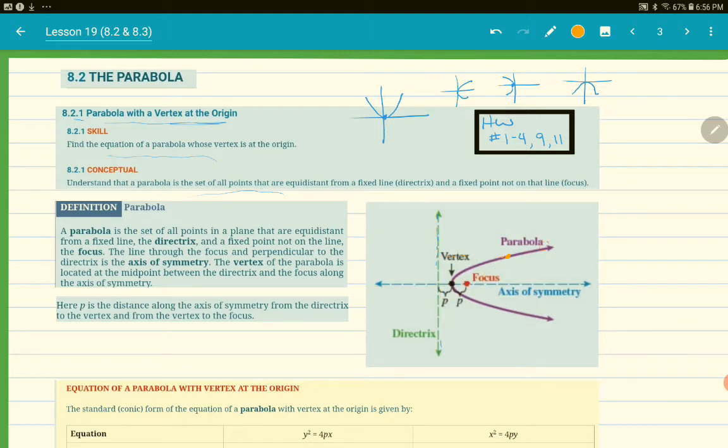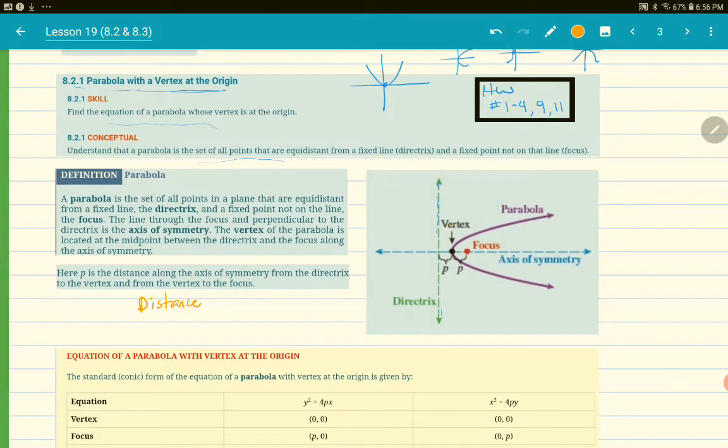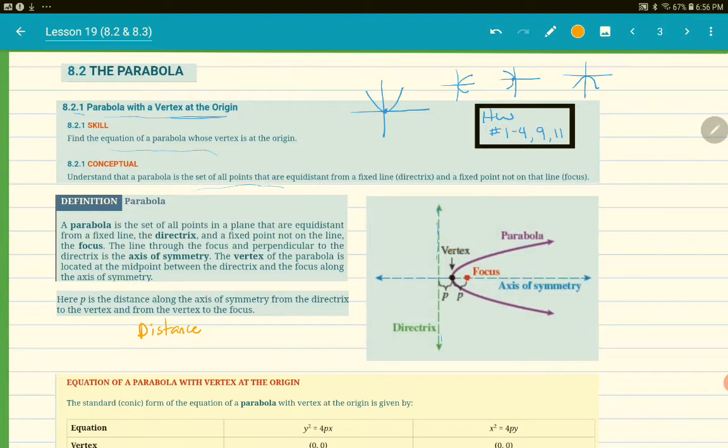P is a variable right here that measures the distance between the focus and the vertex, or from the vertex to the directrix. I like to think of P as the distance. It can be positive or negative, because, as we're going to see down here in our equation, P can be negative, meaning that the parabola is flipped this way.